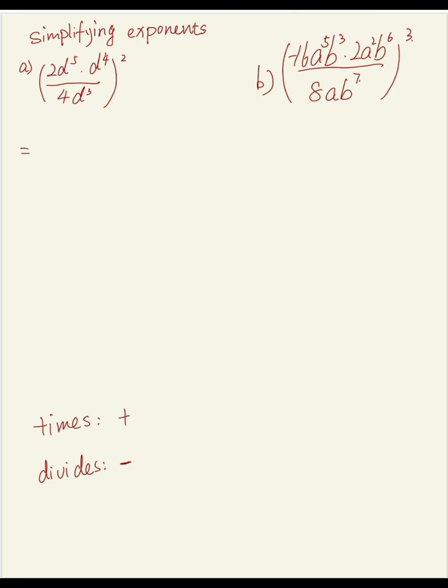Okay, for this part, we can first simplify the 2, so this is 2 and it is 1/2, and for d, 5 times 4 is plus, and this divides 3 is subtract, and raised to the second power, and that is half d, and 5 plus 4 is 9, and subtract 3 is 6, and for 2, we just distribute 2 to each part and multiply by their exponents.